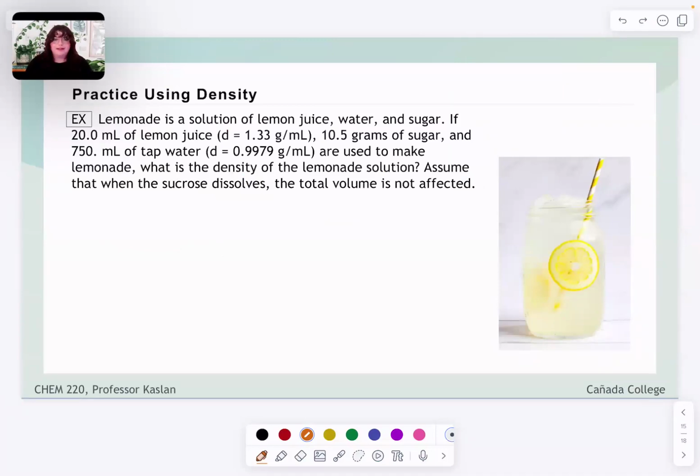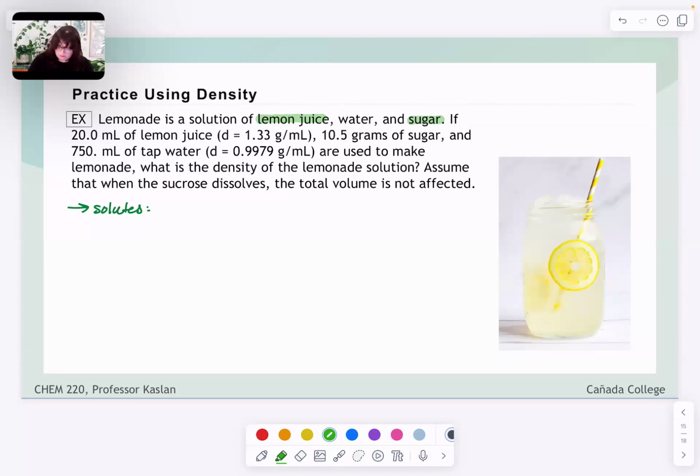Okay, practice using density. So we've got some lemonade. How refreshing. Lemonade is a solution of lemon juice, water, and sugar. I'm going to start identifying some things about my solution. Let's look at the solutes. I have multiple solutes here. Lemon juice and sugar are the things that you dissolve in water to make lemonade.